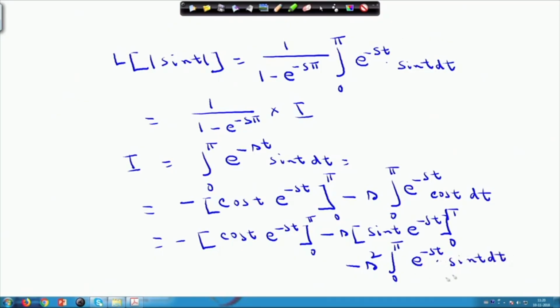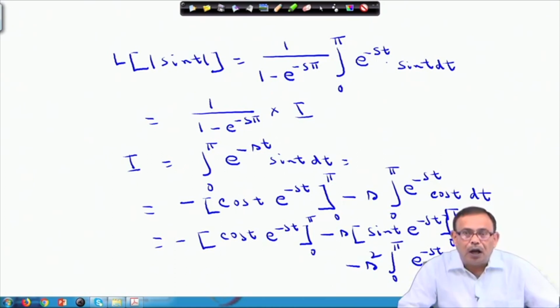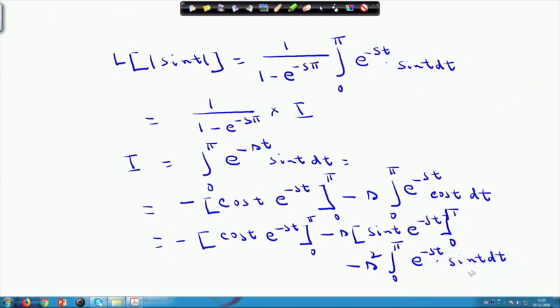And this integral is nothing but the right hand side integral, which is I only. So we can take it to the left hand side.